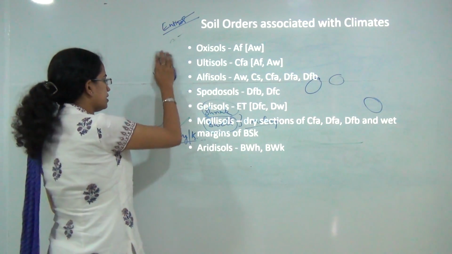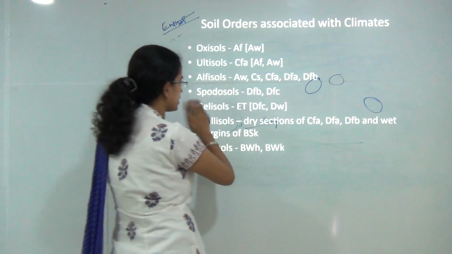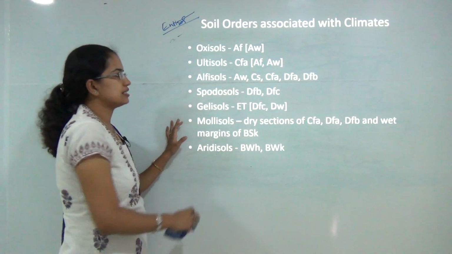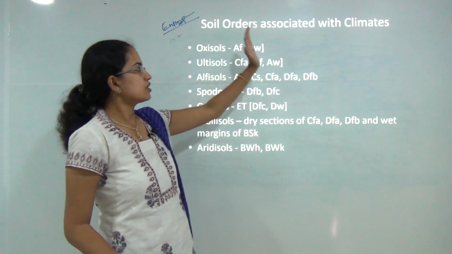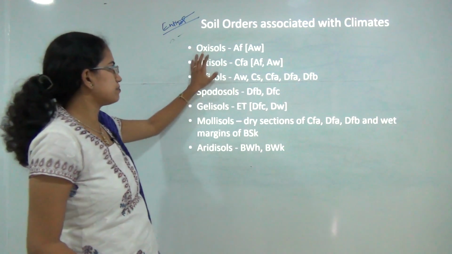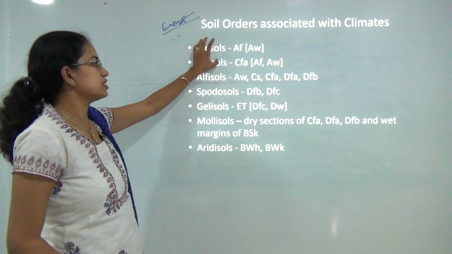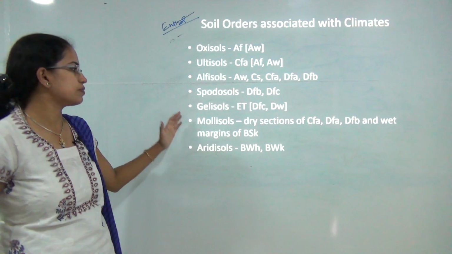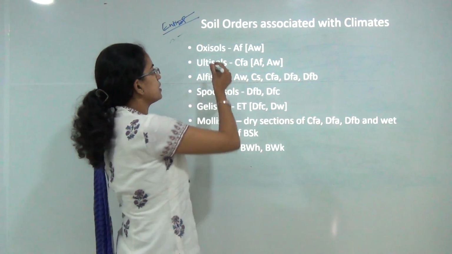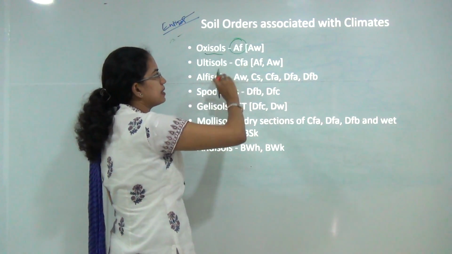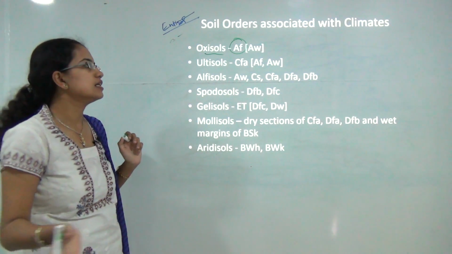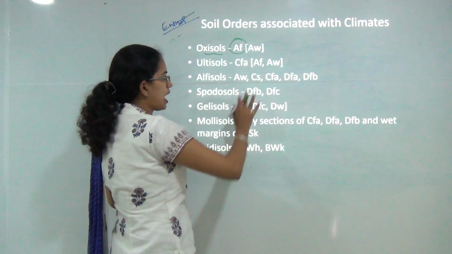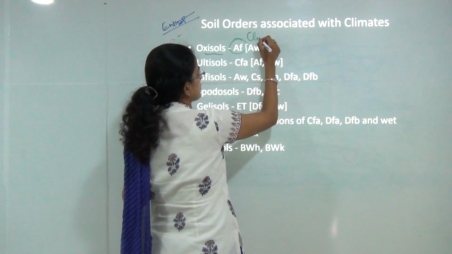Now, however, there were various climatic classifications that were given. This zonal classification tried to relate to Köppen's classification and explain that there are certain soils which are found under certain climatic conditions. So this table provides information on which kind of soil is found commonly in which climatic region as per Köppen's classification. So you have these soils and these as the climatic classification.